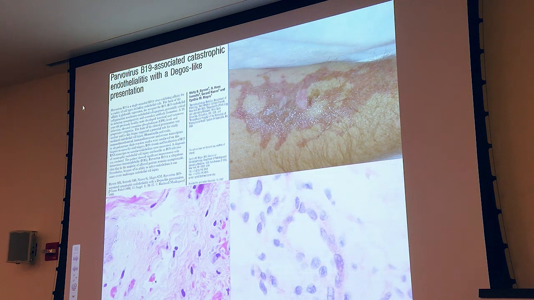His biopsy showed very striking endothelial cell necrosis and swelling, very much what you see in Degos disease. And I suspected that it might be related to parvovirus because of the concomitant cytopenia, and he actually had an active viremia and went from almost dying to actually improving remarkably with IVIG.